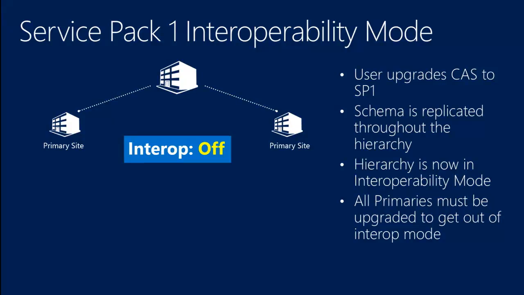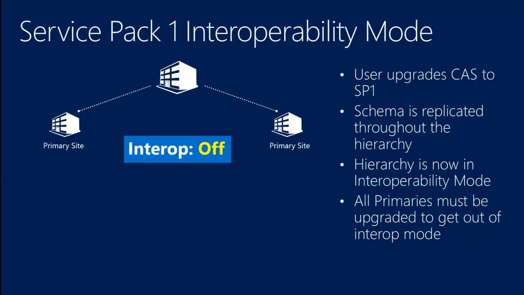Only certain entities would be replicated, so it's very easy to have an interoperability layer where you just wouldn't process most things coming in on those sites. That's not the case in a SQL replication model in which all schema and all global data items need to be identical. So we have this Service Pack 1 interoperability mode in which certain things cannot be made when a hierarchy is in interop mode.